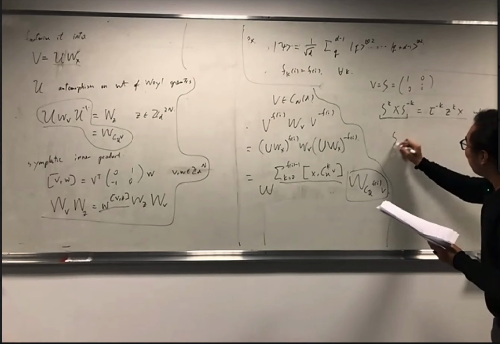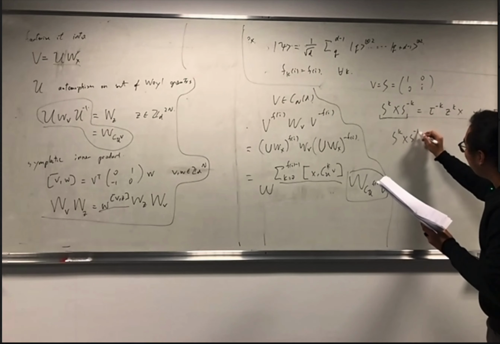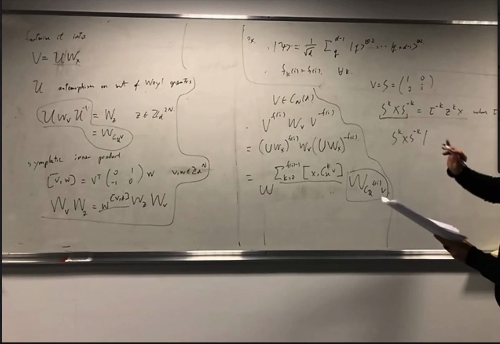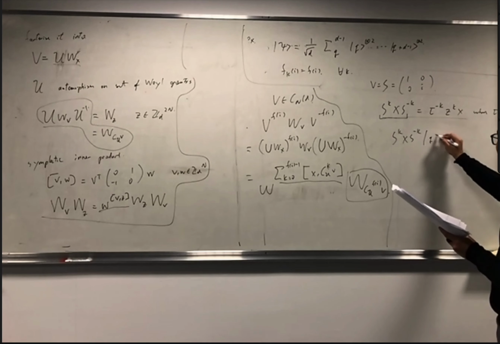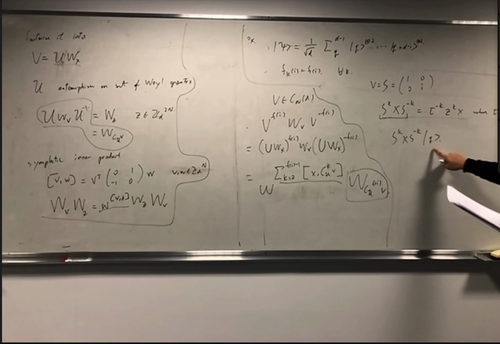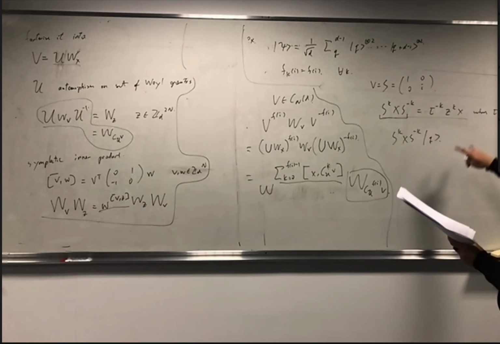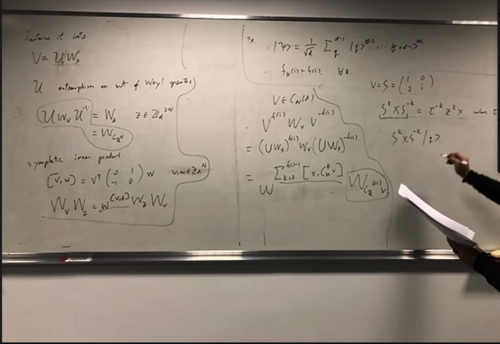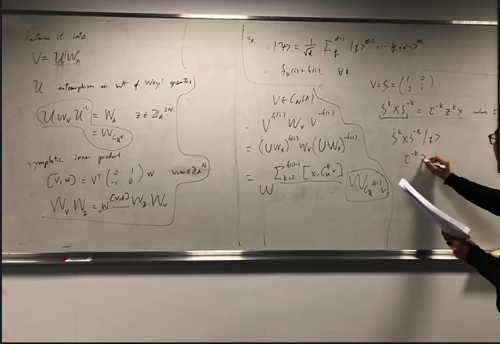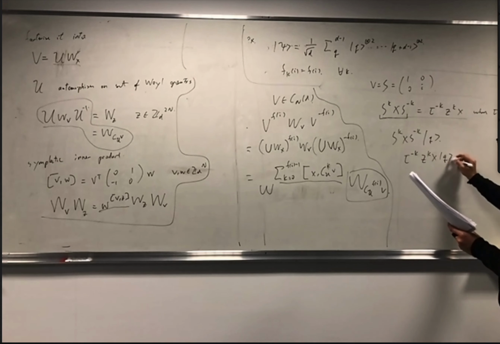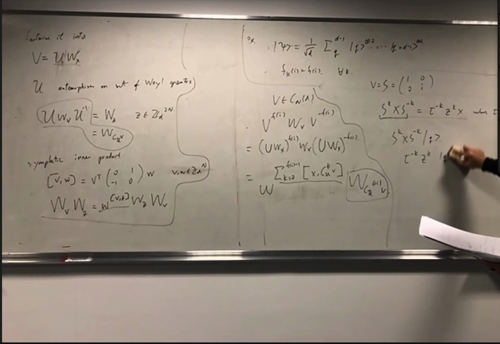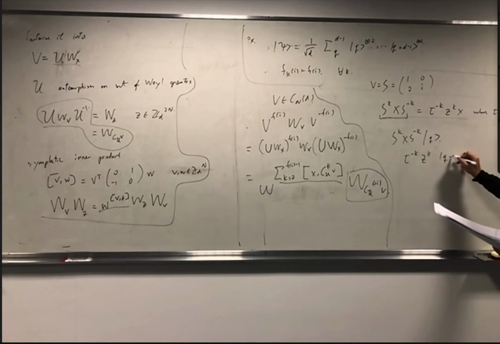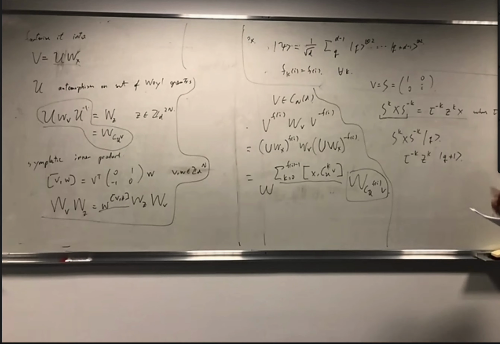So you have S to the k, X, S to the minus k. I do it just for one qubit, and you'll see what's going on. I do it on q, just a random q. So you have this form, tau to the minus k, Z to the k, X on q. When you do the X, you add 1. And you do it by Z.